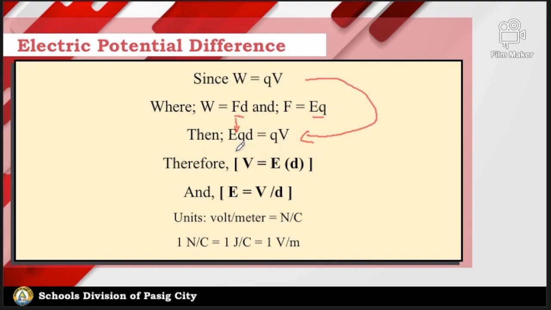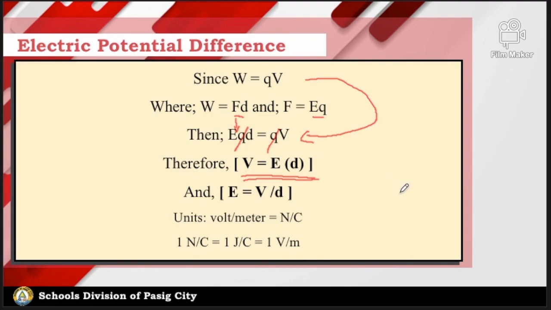From the equation, we cancel Q, or the charge. Therefore, we have electric potential is equal to the electric field multiplied by distance. Rearranging the equation, we can say that electric field is equal to the electric potential all over distance.